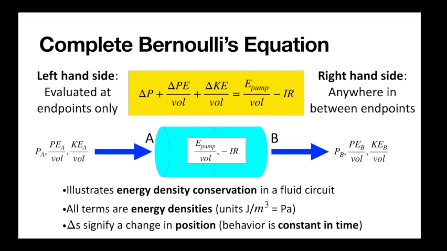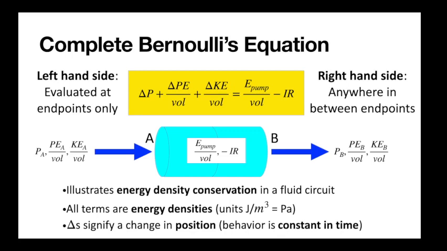It matters in between point A and point B. So you can think of those as external things to this system. You have a fixed amount of energy that you're spending on pressure, potential, and kinetic. Those things exchange all throughout a circuit, and the only way that total can change is if a pump gives more energy density or a pipe with resistance takes energy density away, transfers it to thermal energy, it dissipates it.